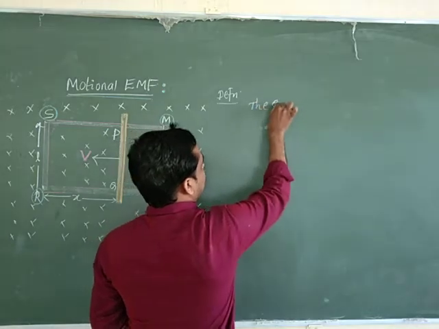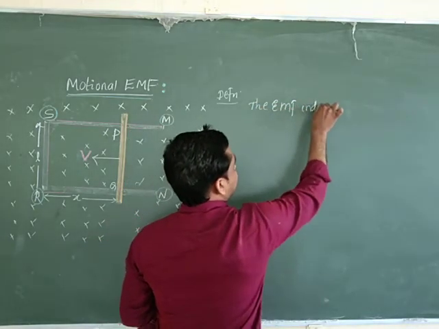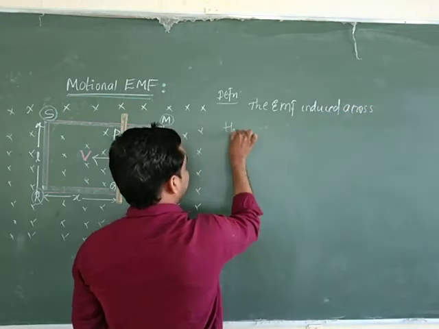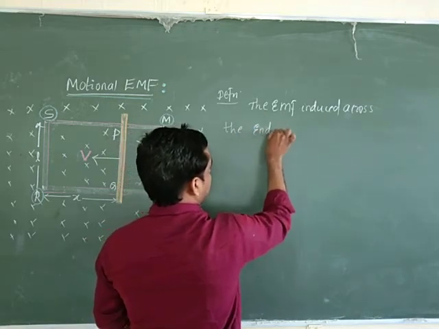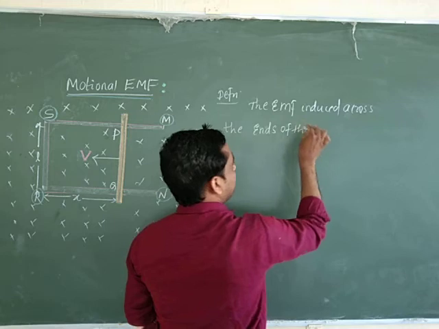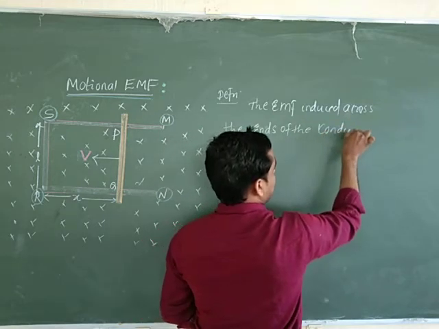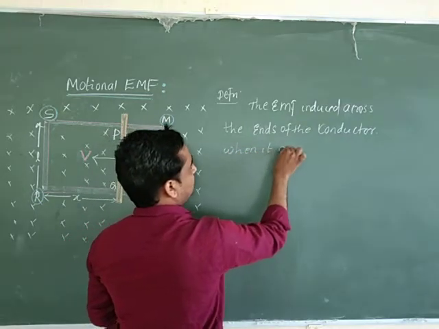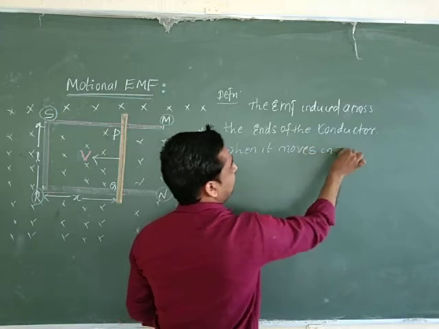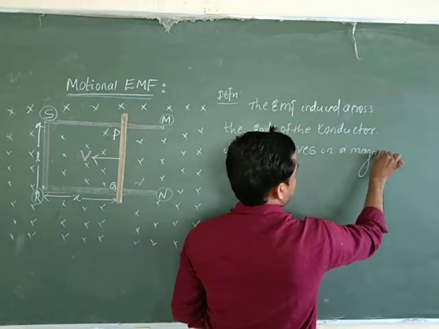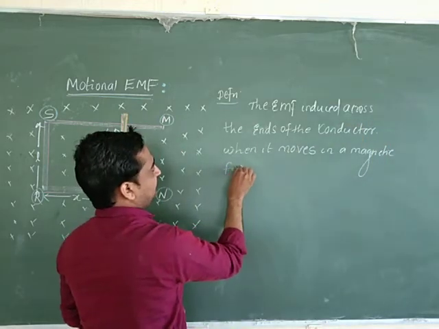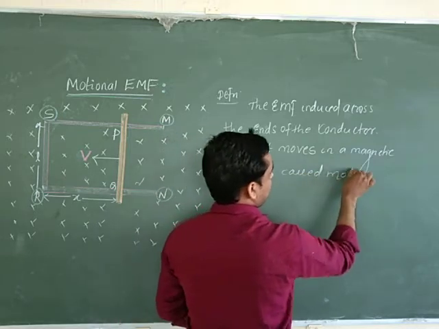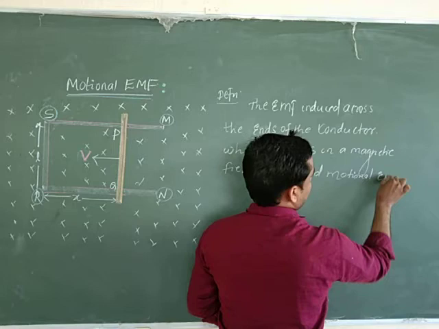The EMF induced across the ends of the conductor when it moves in a magnetic field is called motional EMF.